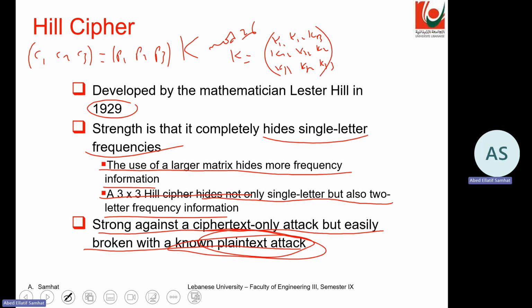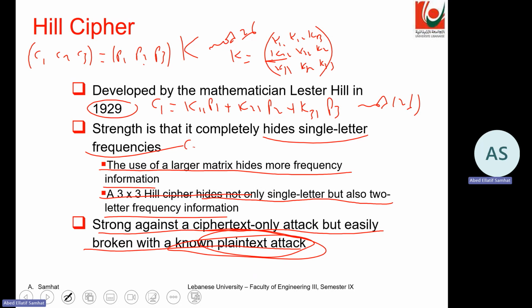The ciphertext C1 will equal K11 P1 plus K21 P2 plus K31 P3 mod 26.